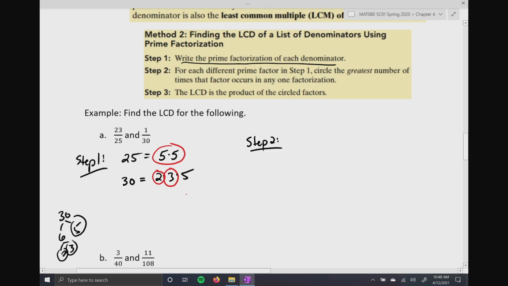Remember, for each different prime factor. So 2 is prime, 3 is prime, and 5 is prime. We're going to circle the greatest number of times we see it. Now, step 3 says your LCD is going to be the product of the circled factors.